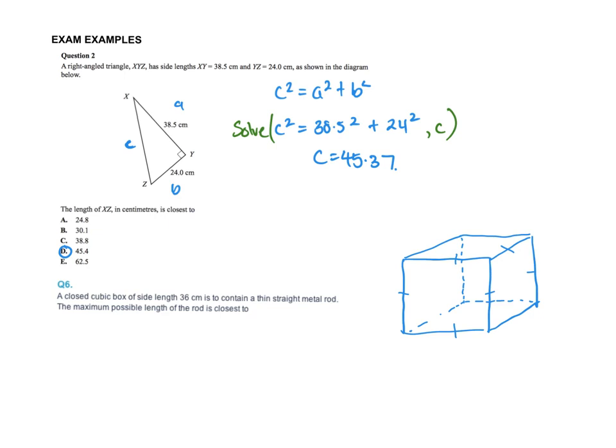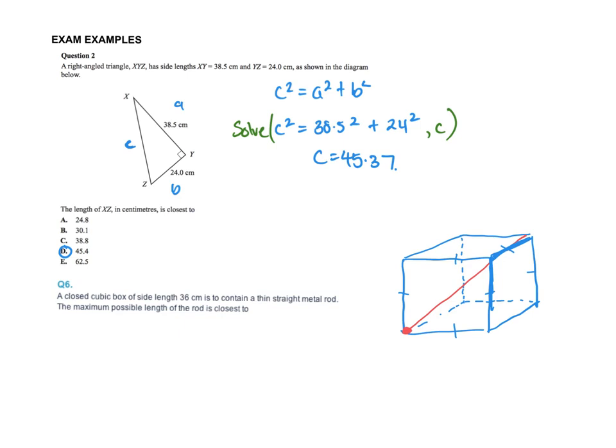If you're going to get the biggest rod inside a box, it'll be down in the bottom corner, and it'll go to the opposite top corner up there. So it's inside the box, you can't see, but that's where it's going. What you need to find is a triangle here.